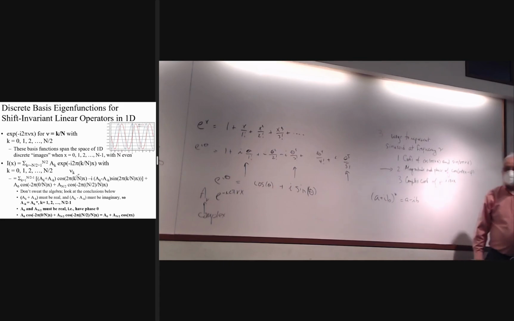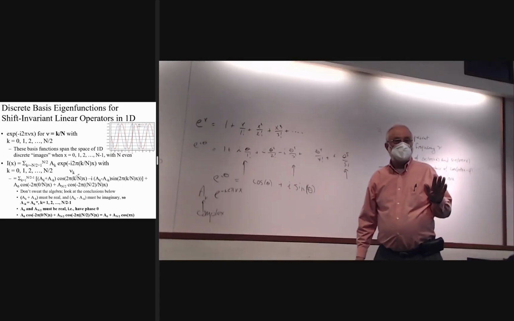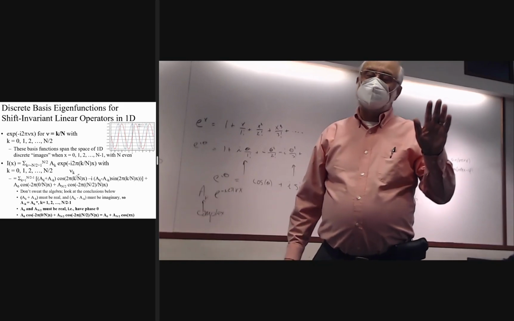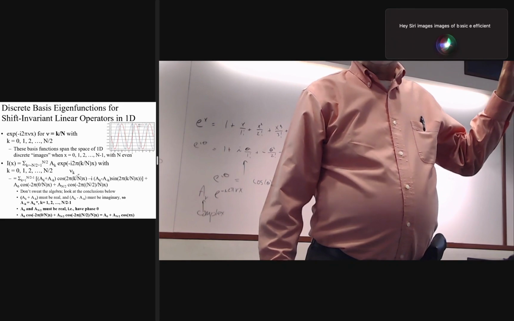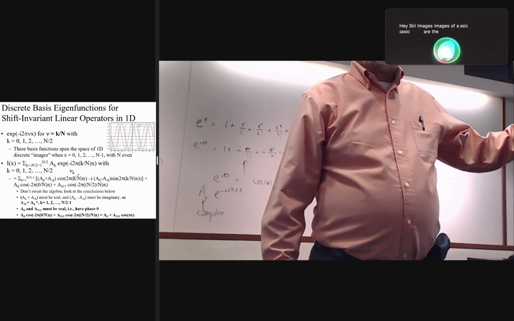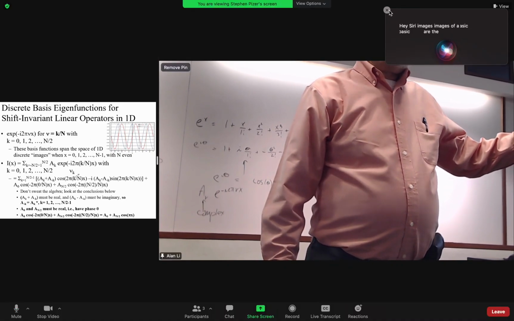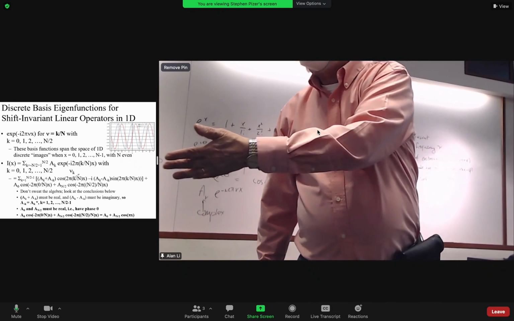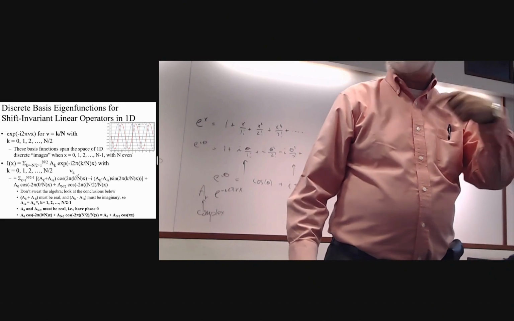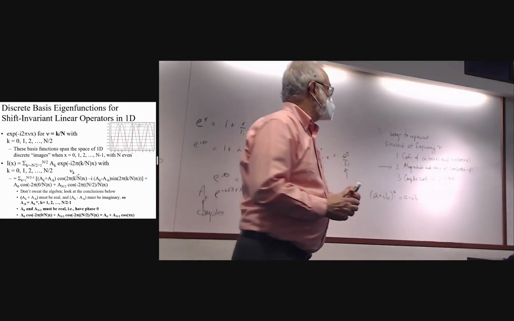So there really are only n basic coefficients. They're the ones for positive k, and the negative ones, yeah, they're there, but they're just copies of the positive ones with their sign switched, the imaginary part made minus.